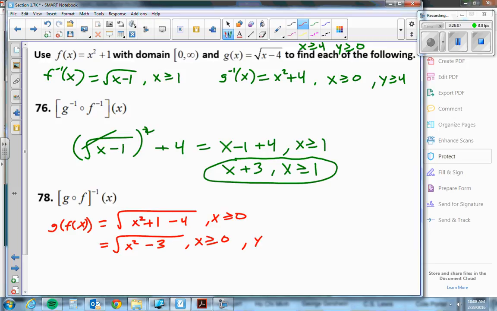I'm just going to write that down. I understand, but I put the domain of the inner, which is what I stated here.